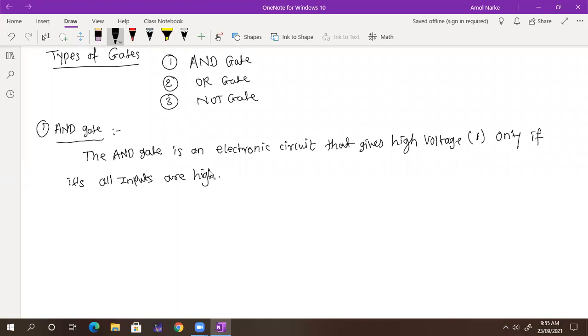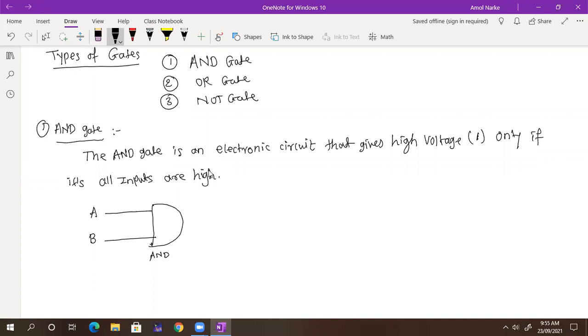Suppose we have, and what is the symbol? The symbol is like that. We have A here, we have B here. If A and B are the inputs, and if I use the AND gate here, the AND gate is denoted by that. So this is nothing but your AND gate.